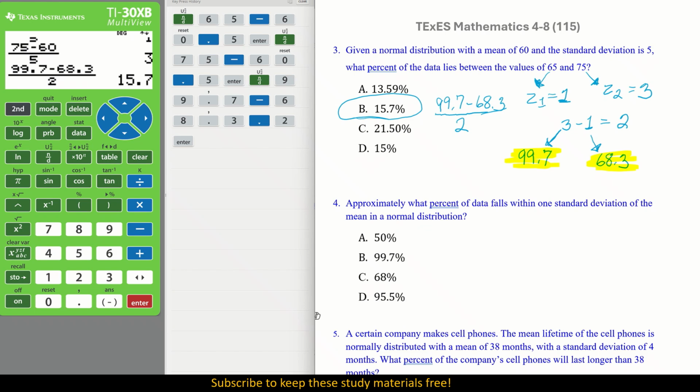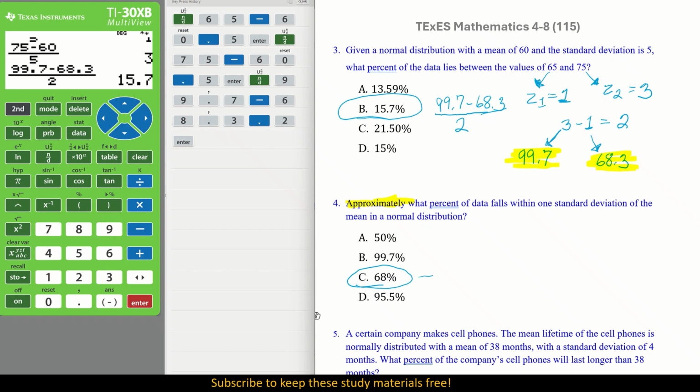Approximately what percent of data falls within one standard deviation of the mean in a normal distribution? That's the empirical rule. That's what we just talked about. They said approximately, so this gives us C, 68%.